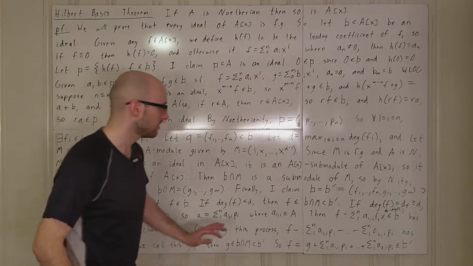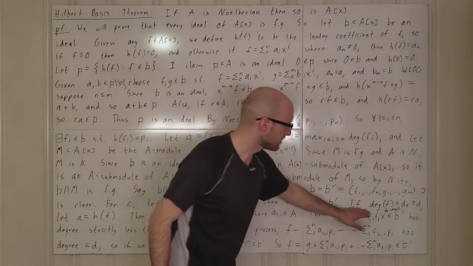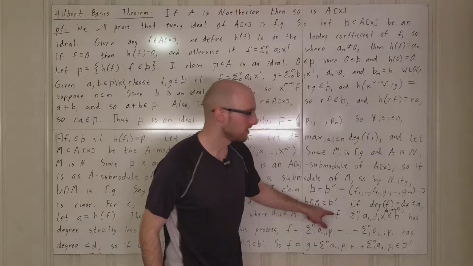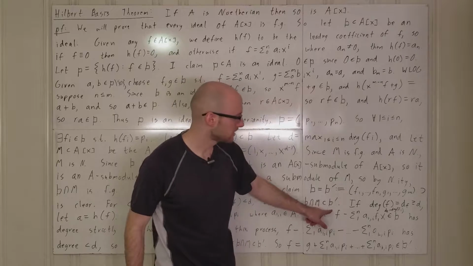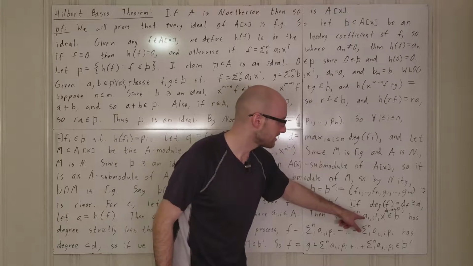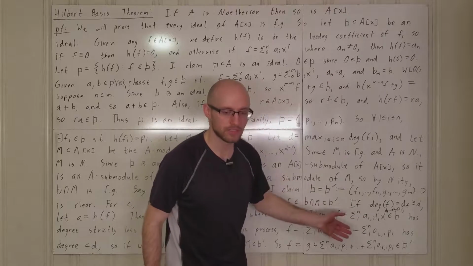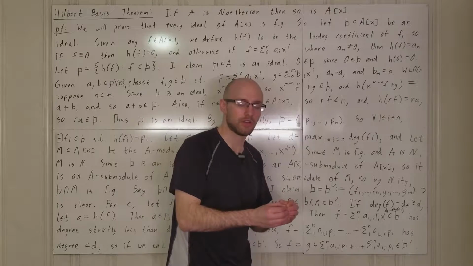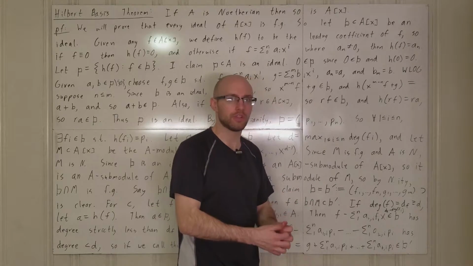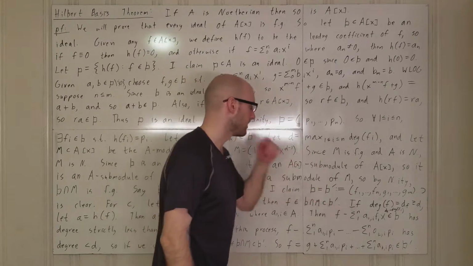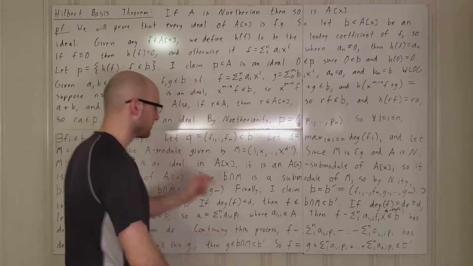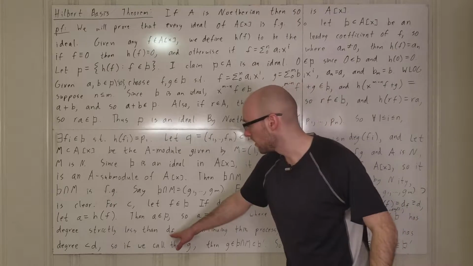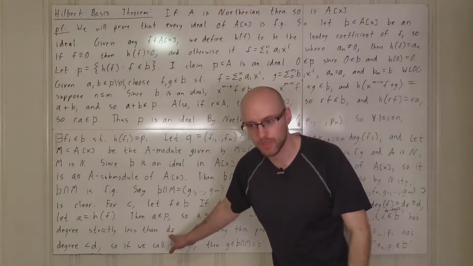So the leading term of this is a, and the leading term of this thing is minus a when you have the minus in there. So that's going to cancel out the coefficient associated with the highest degree. And so therefore this thing will have degree which is strictly less than the degree of the function we started with, df.